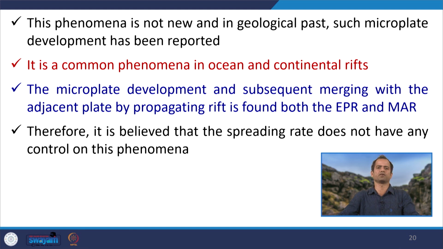It is a common phenomenon in the ocean and the continental rift system, and microplate development and subsequent merging with the adjacent plate by propagating rift is found in the EPR and MAR. Therefore, it is believed that the spreading rate does not have any control over this phenomenon. It is the orientation of the ridge with time that defines the microplate development, rather than the spreading rate.